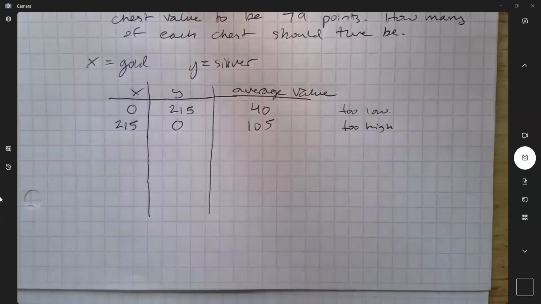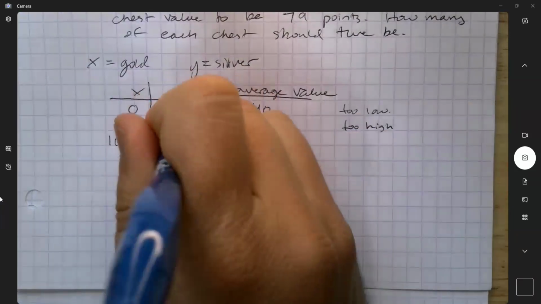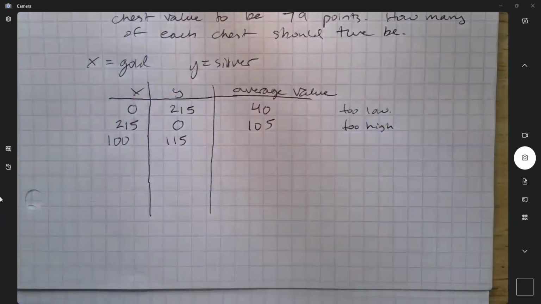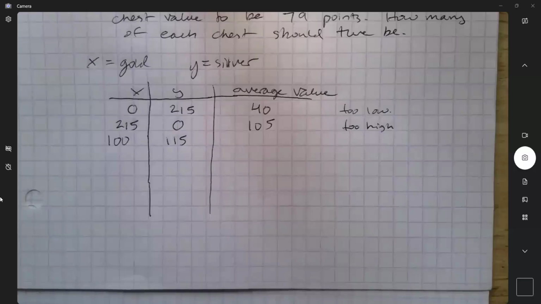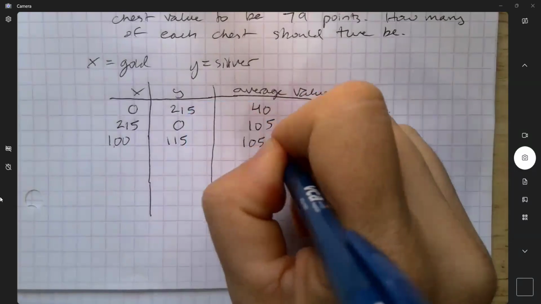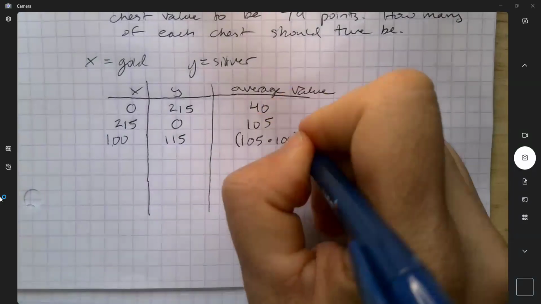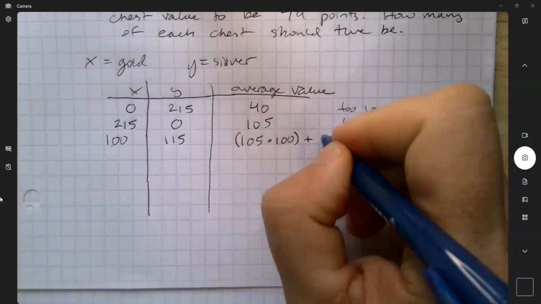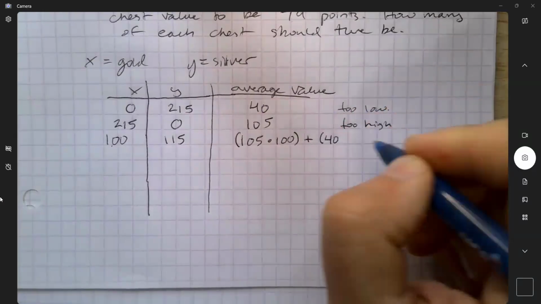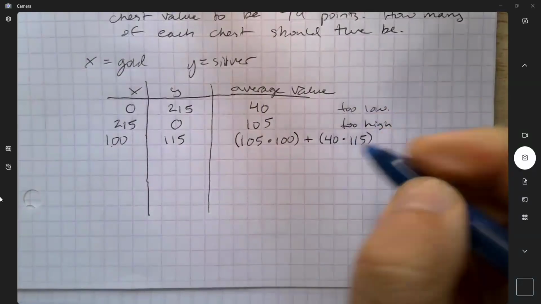So maybe somewhere in the middle, what if we picked 100 gold chests? That would leave us 115 silver. And how do I figure out the average value? Well, each of those gold chests is worth 105 points, so that's 105 points times the 100 gold chests. And each of those silver chests is worth 40 points, so that's 40 points per silver chest times 115.